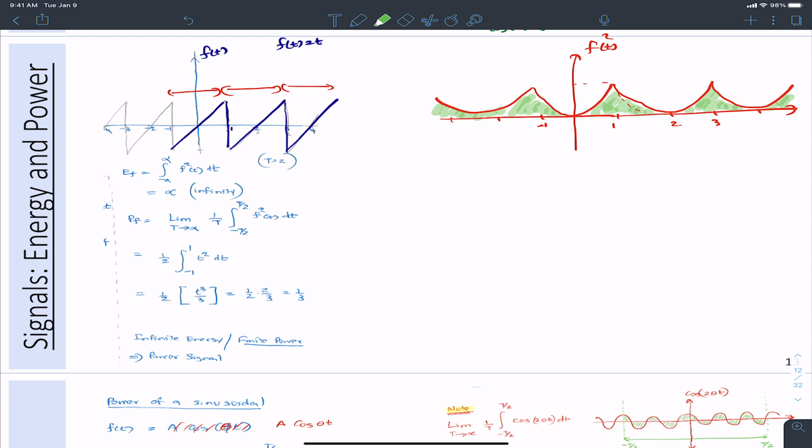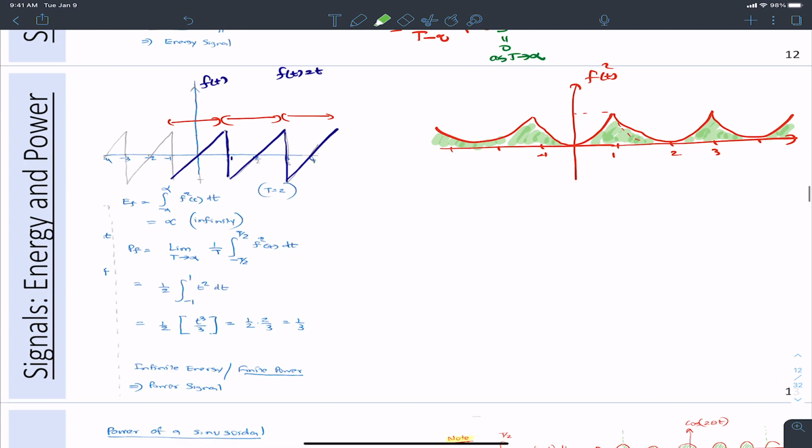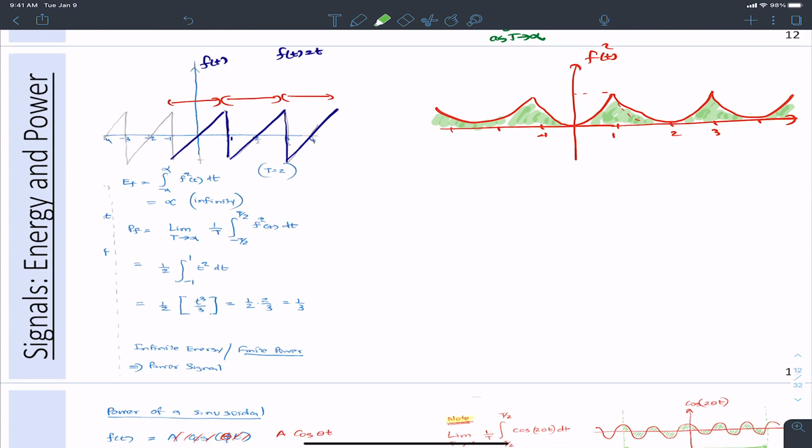So to summarize, a signal with a limited time duration like this one has zero power and finite energy. A periodic signal like this has infinite energy.